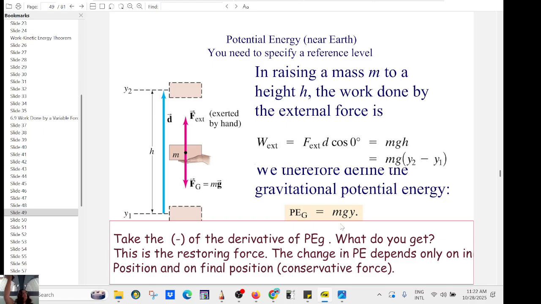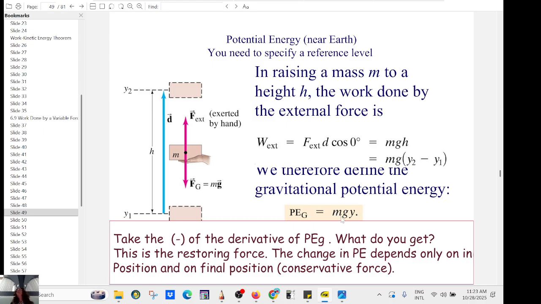And the work is force, which is the weight, times the height, which is y in that case. So the work done on that mass by you will be the force applied, equal to the weight, times the distance, which is just the height. And that will be the definition of gravitational potential energy.